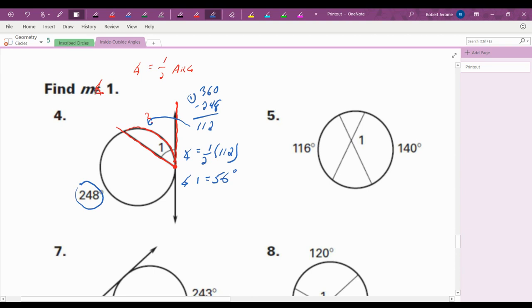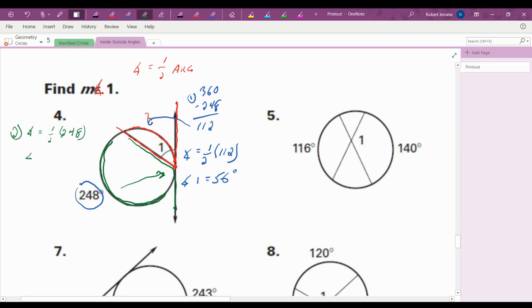We can approach this a second way. So again, option 2. Since we know this arc is 248, we can find its angle right here. So angle equals half of 248.